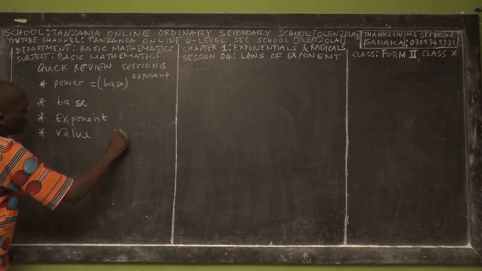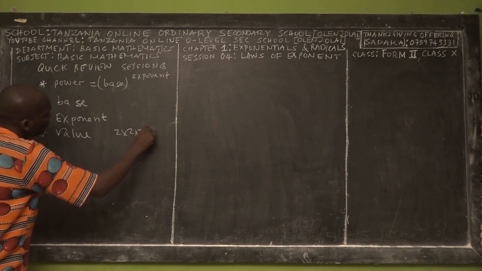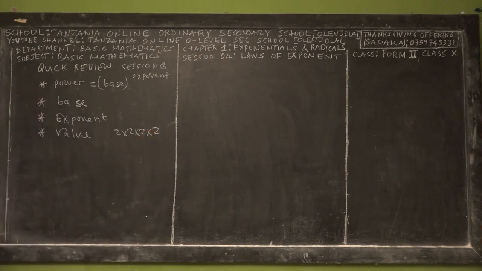For example, 2 times 2 times 2 times 2 has a value equal to 16.